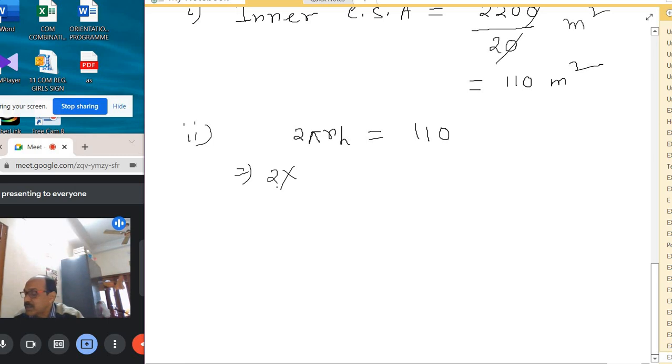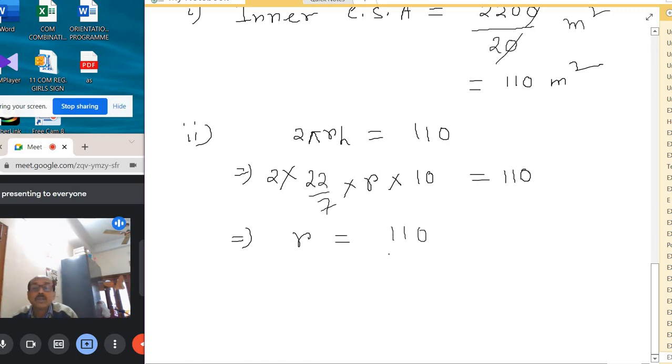In this question the pi value is not given, so I use 22/7. The radius is not given, so R is the radius, and the height or depth is given, it is 10, equal to 110. Now radius R equals 110 divided by 2 into 22 into 10, and 110 into 7.